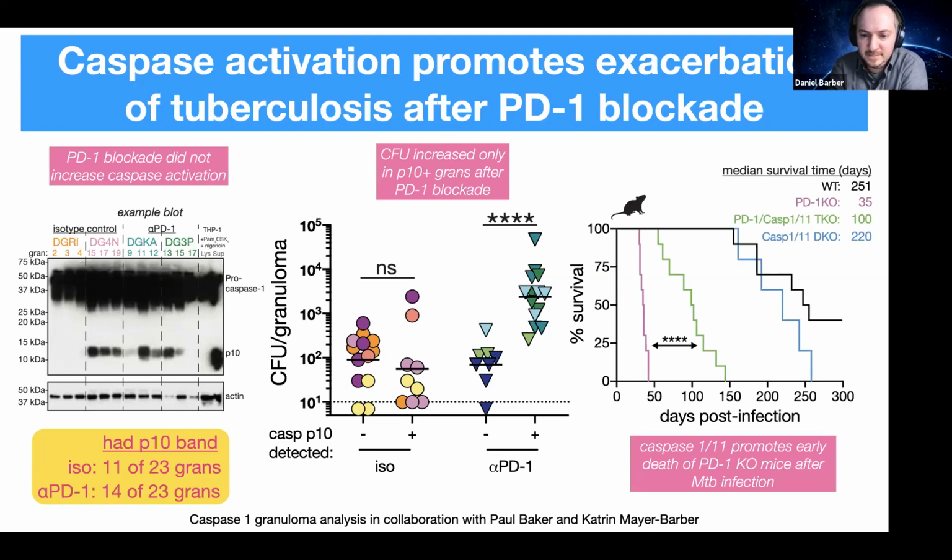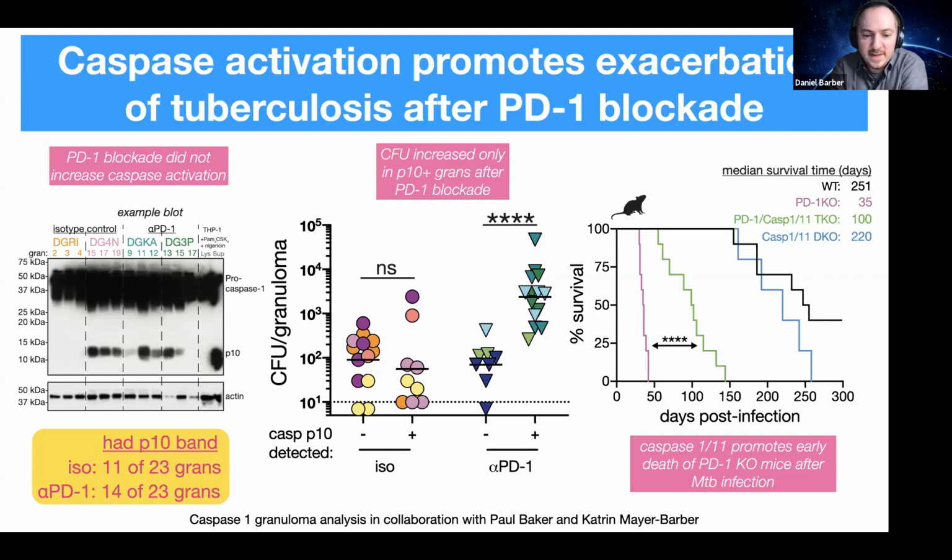And what you can see is in the pink line, PD-1 deficient animals succumb very rapidly. But in the green line, if we remove caspases from the PD-1 deficient animal, we can actually significantly extend their survival. And that is not something you'd normally see in the presence of PD-1 with the blue and black lines.